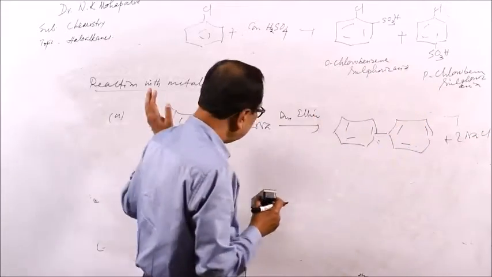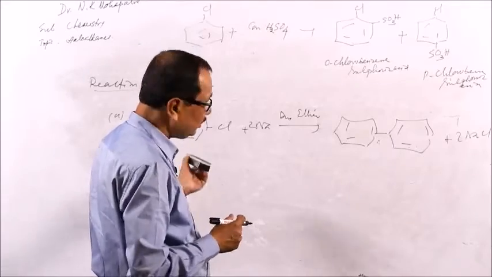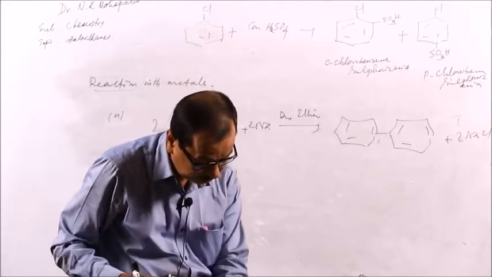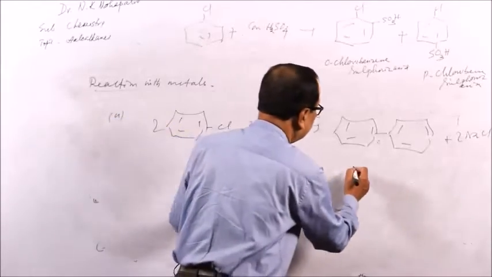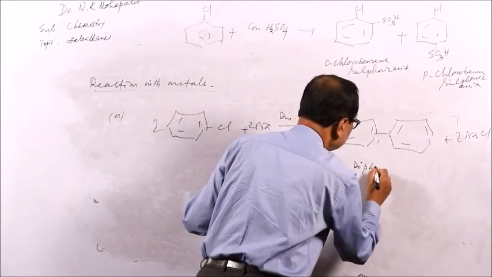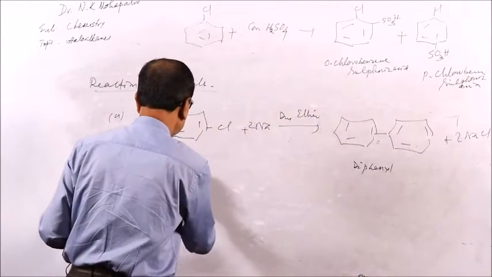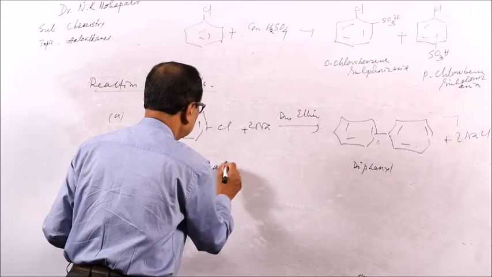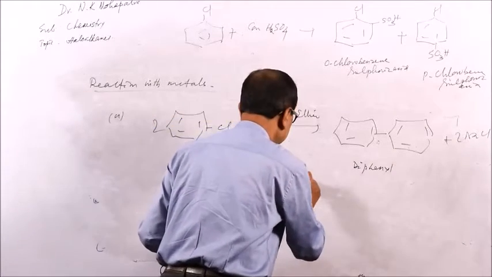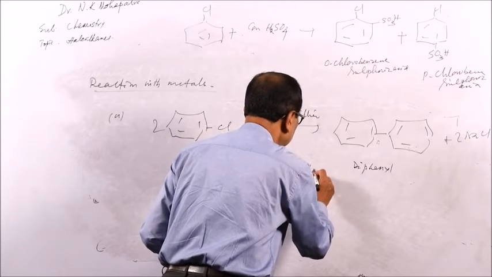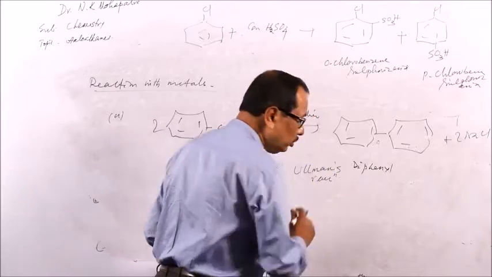Just like alkyl halide, here also we are getting this type of reaction. This is called Ullmann's reaction. Here we will get diphenyl. This is called the diphenyl product. The reaction is called Ullmann's reaction.